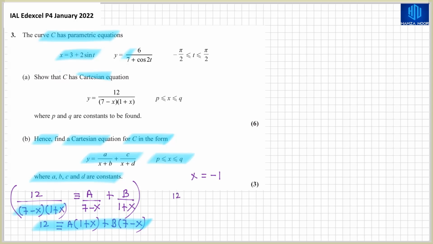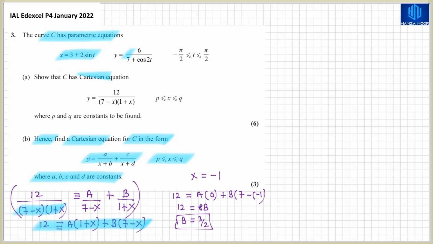So 12 equals a times 0 plus b times (7 - (-1)). So 12 equals 8b. Therefore, b equals 12 over 8, b equals 3 over 2.